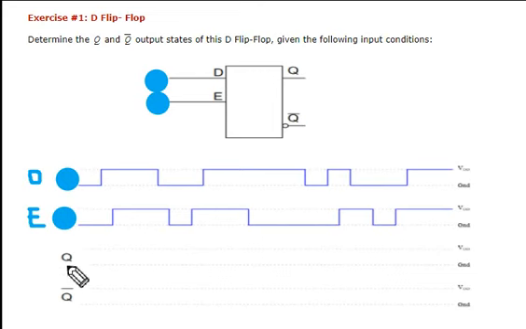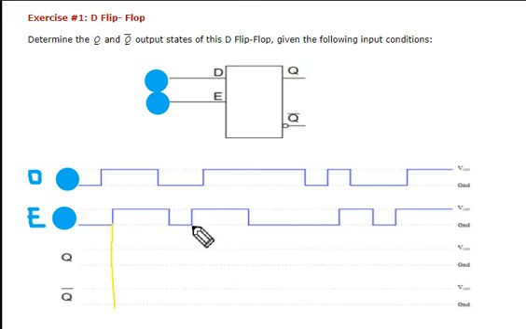Now for the actual drawing. Remember, the output Q follows the input D during the rising edges of the enable input. So what you might want to do first is mark down where the rising edges are happening. Over here, this is a rising edge because you're going up. Let's mark that down.